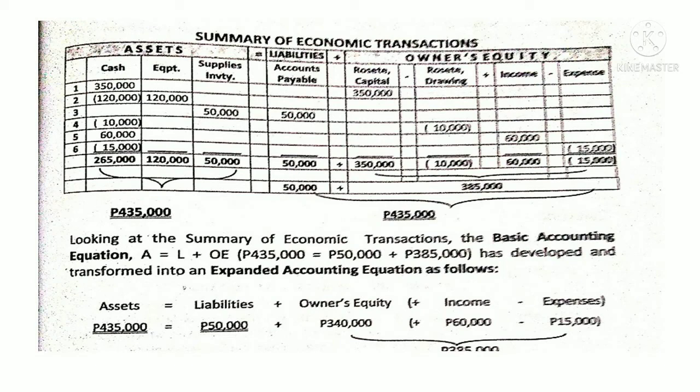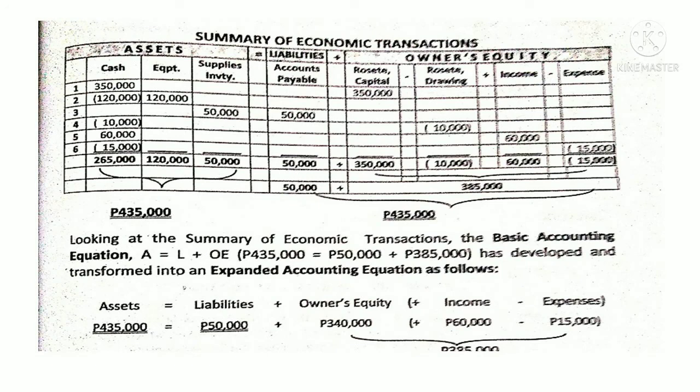So if we sum the totals, the total assets is 435,000 pesos, and the owner's equity is also 435,000 pesos. Looking at the summary of economic transactions, the basic accounting equation is assets equals liabilities plus owner's equity. So the assets of 435,000 pesos equals 50,000 liabilities plus 385,000 pesos owner's equity, which has developed and transformed into an expanded accounting equation as follows. There are additions because we now have income and expenses.